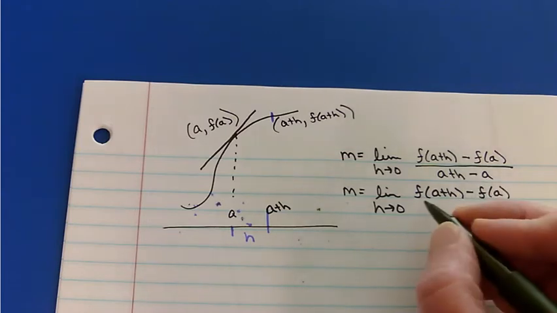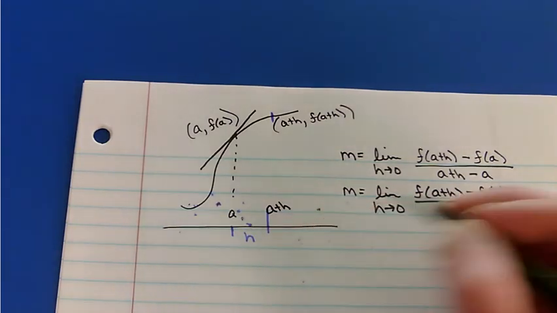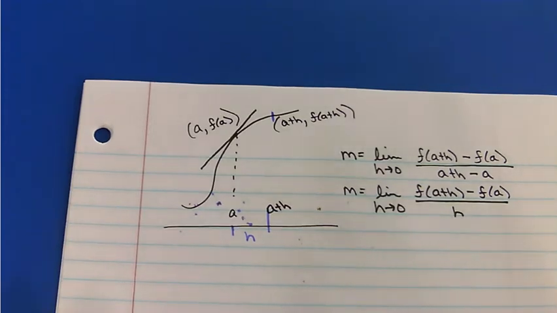The a's cancel out, and we get that the change in the x values is just h. It is a little bit of a simpler form in some ways.